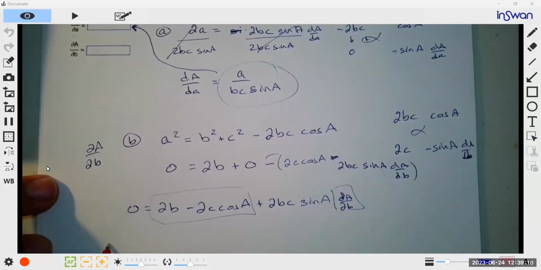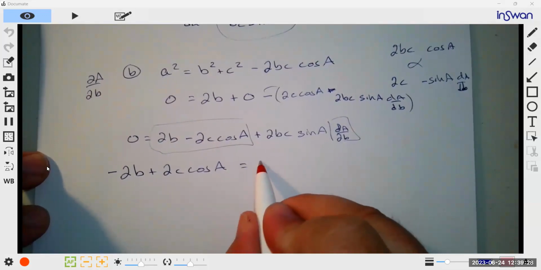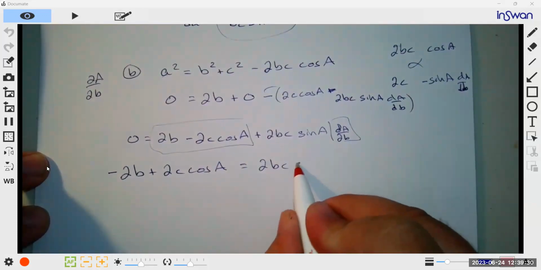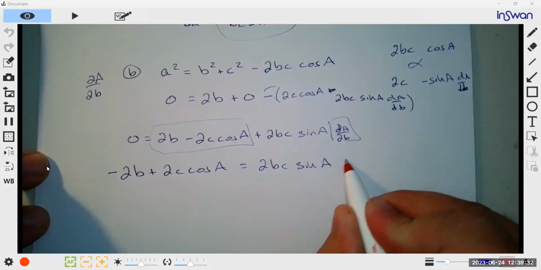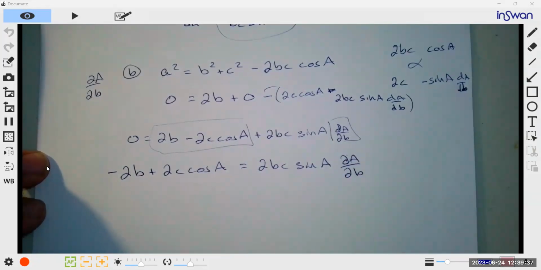So we have minus 2b plus 2c cosine A equals 2bc sine A dA/db.